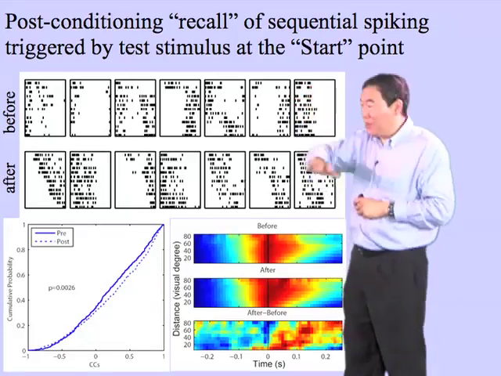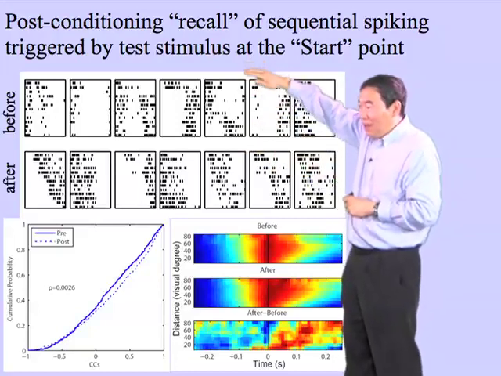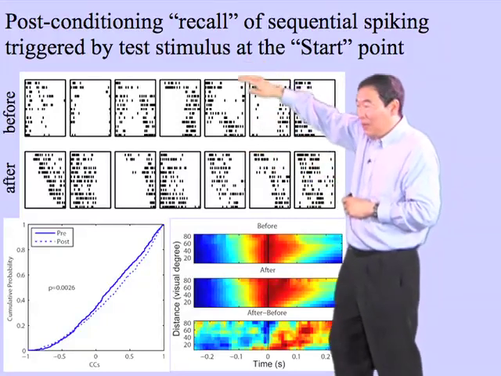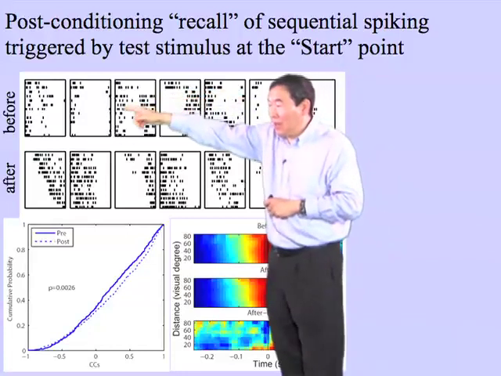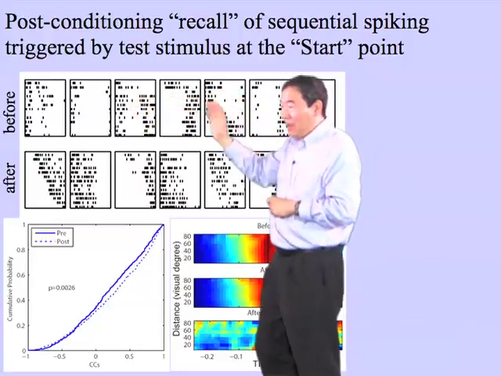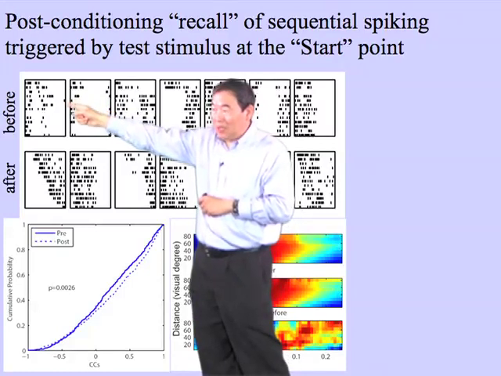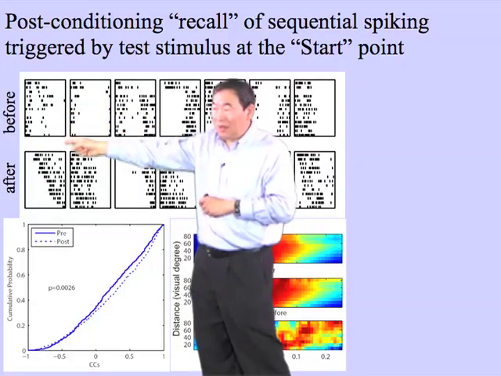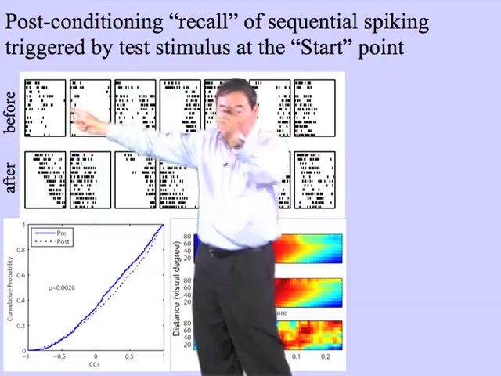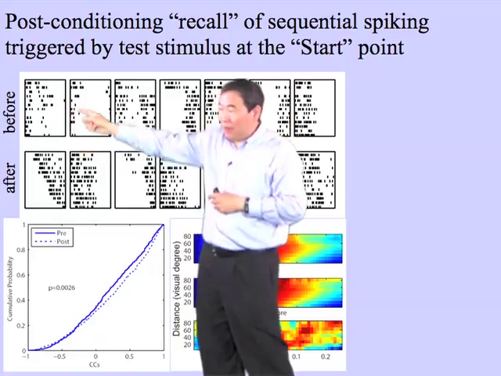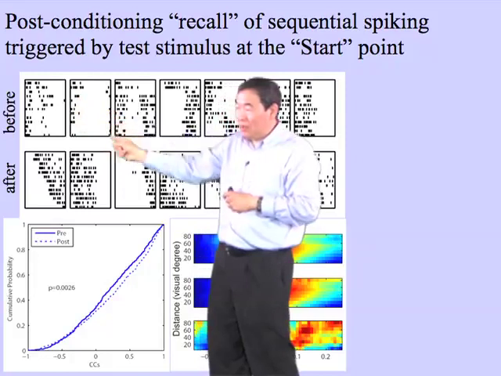Now, how do you see the difference? Before the conditioning, you can use the test spot to test. You see these are 7 consecutive tests. Every time we have a test spot, the set of cells along the trajectory fire, triggered by the stimulus, but there's no real sequence.